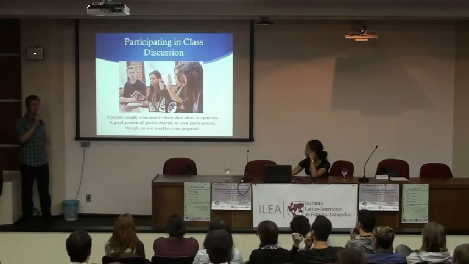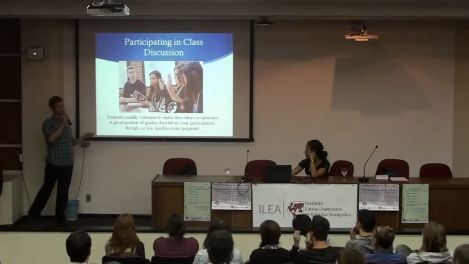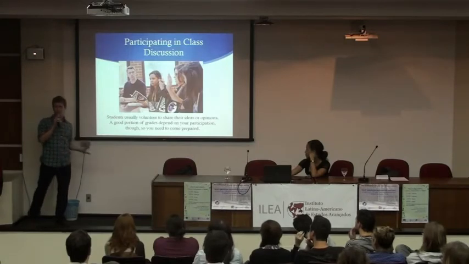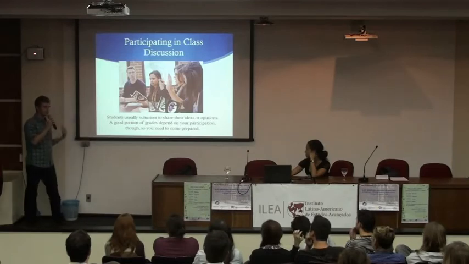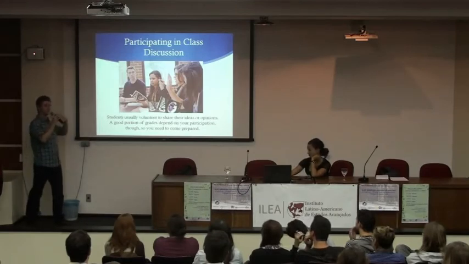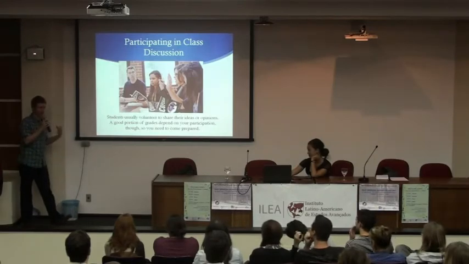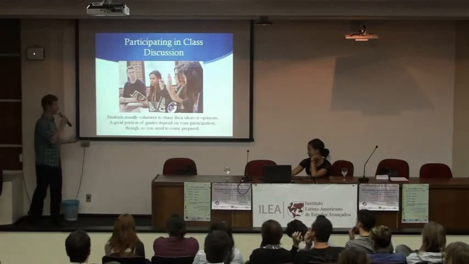So maybe they're going to create a goal of saying 3 things during the class. Or maybe it would help them to have notes written about things that they want to say before they go to that class. So even for those who aren't as predisposed to participate in class, there are ways of making it easier for yourself.